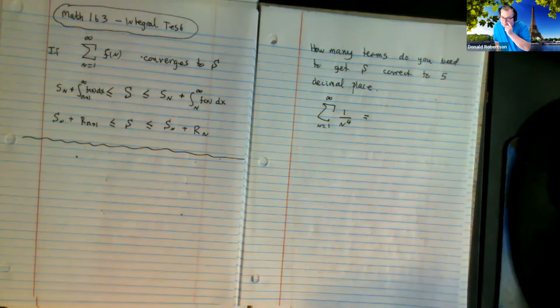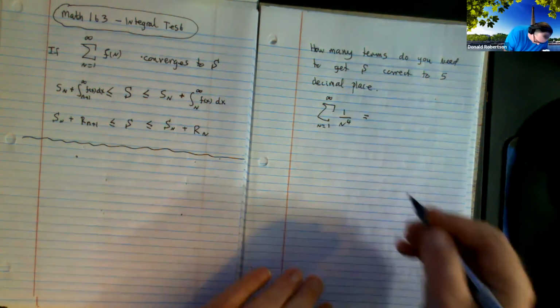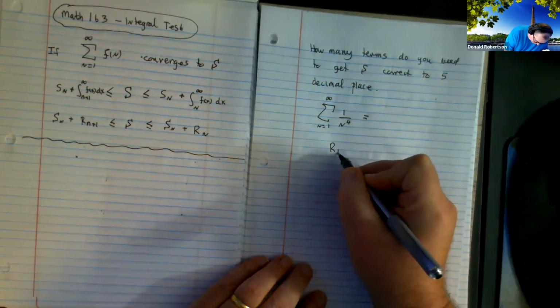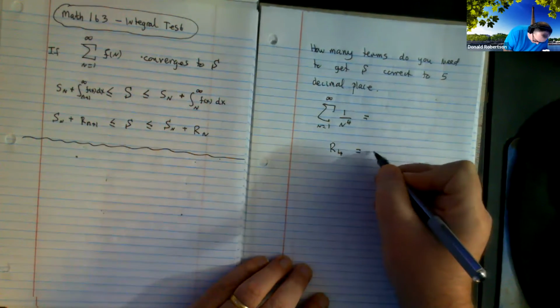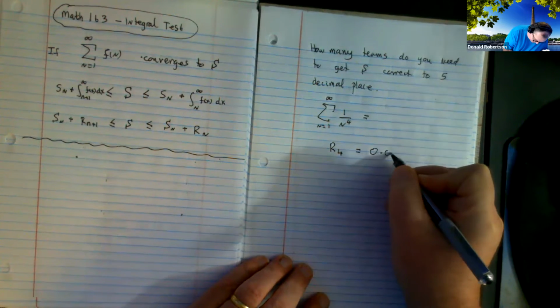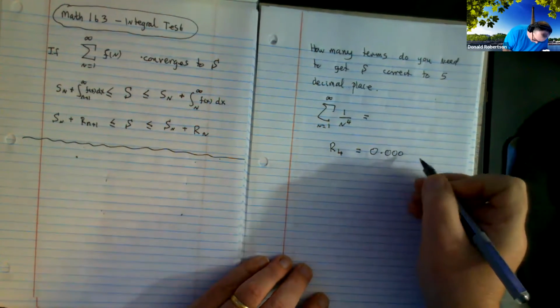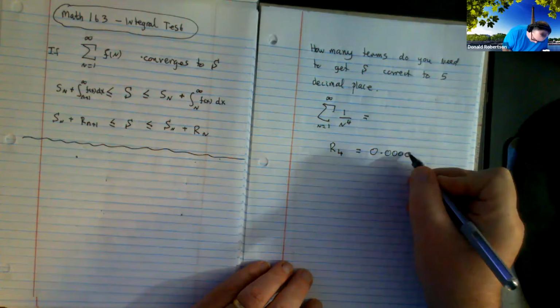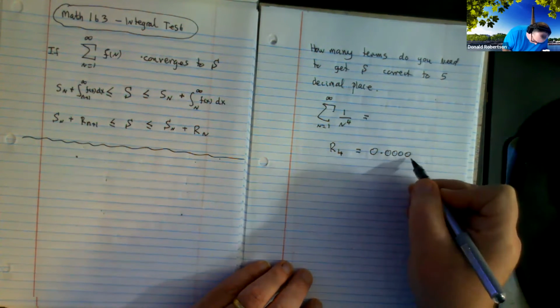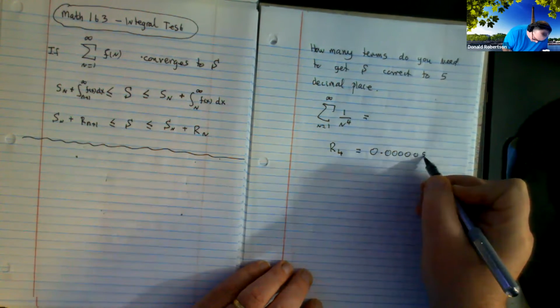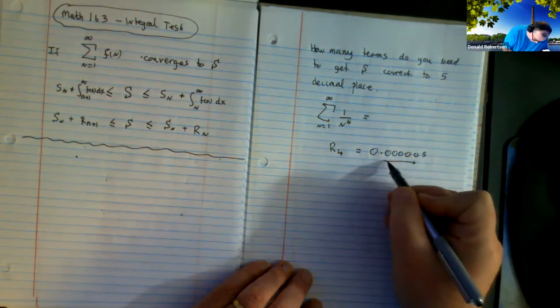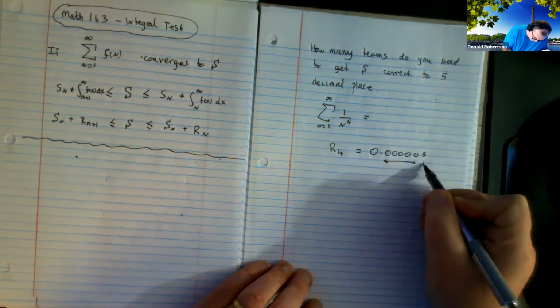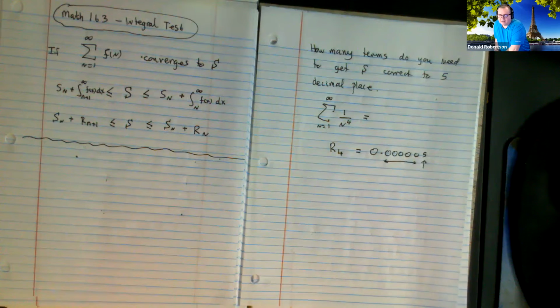That's the puzzle. So what you do is you find R4 and you find out what it needs to be correct to 1, 2, 3, 4, 5 decimal places. Do you notice that I didn't do 0.00001, but I actually did 5 zeros and then a 5?